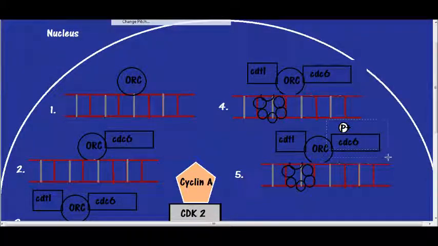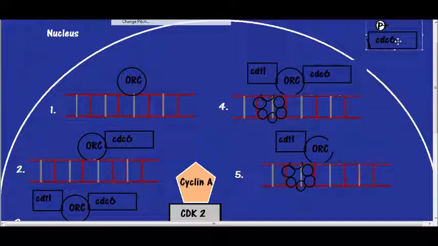Both of these are phosphorylated, and this causes them to detach from the ORC, and either be taken out of the nucleus or be targeted for degradation through ubiquitination.